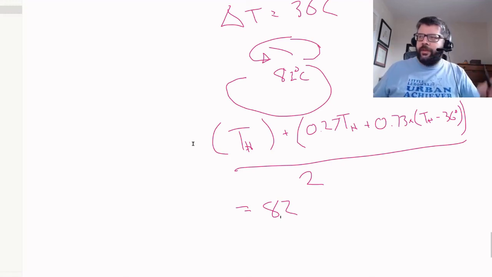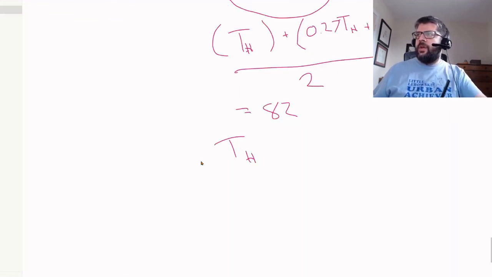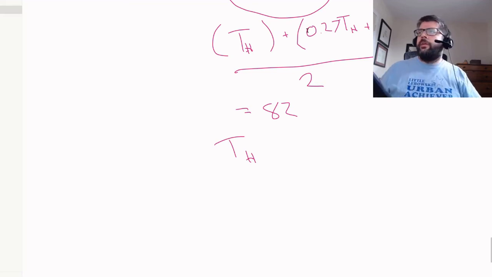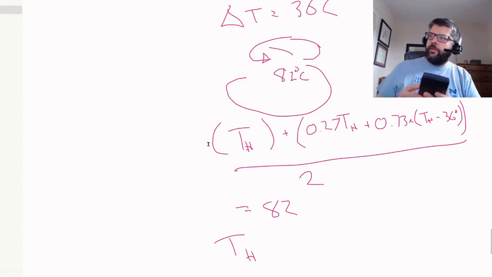All right, so we get TH, and then the non-TH term there is 0.73 times negative 36 divided by 2.